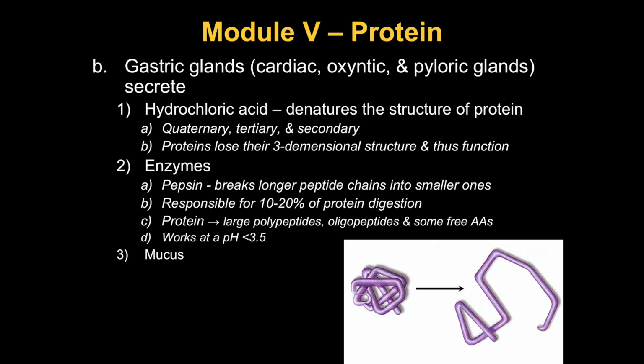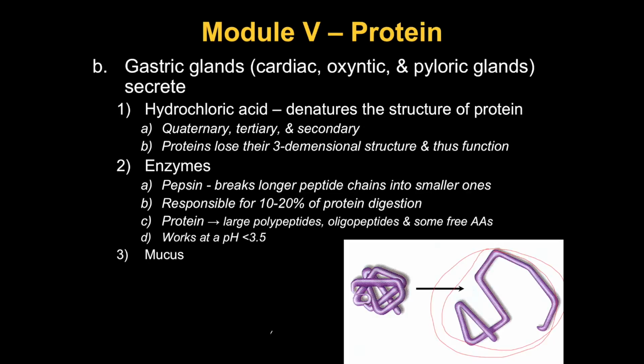So the hydrochloric acid is going to perform what's called denaturation, or it's going to denature the structure of protein. So it's going to take those complex structures that we were talking about, the quaternary, the tertiary, and the secondary structure, and basically unwind those proteins into more of a primary structure, so that then the enzymes can break apart the bonds that are keeping the amino acids together.